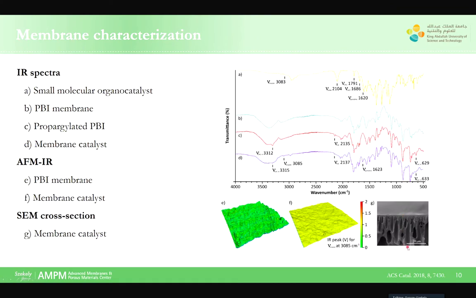Okay, because it was anchored basically everywhere that is propargylated, so throughout the membrane. And we looked at different techniques to actually prove this. If you're interested in the details of this work, then I recommend our publication. Here you can see the details.